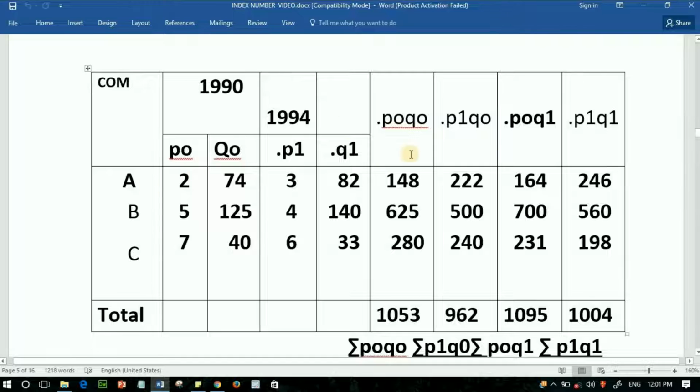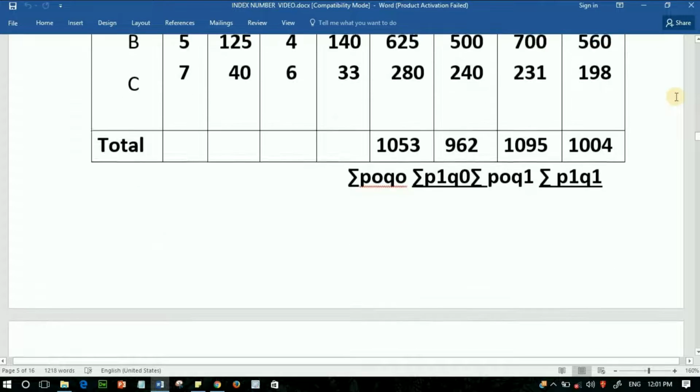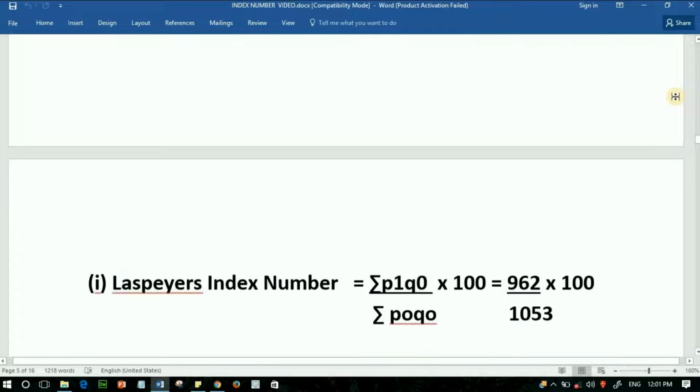Adding all of these, the notation is sigma P0 Q0, which is equal to 1053, sigma P1 Q0 is 962, sigma P0 Q1 is 1095, and sigma P1 Q1. You have to write the notation as the sigma of these headings. Now we apply the formula.